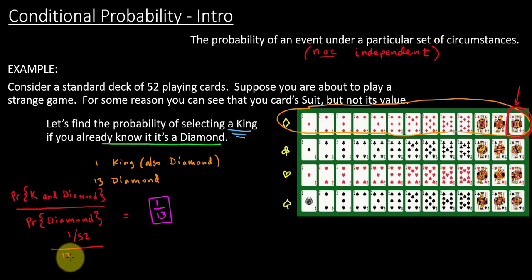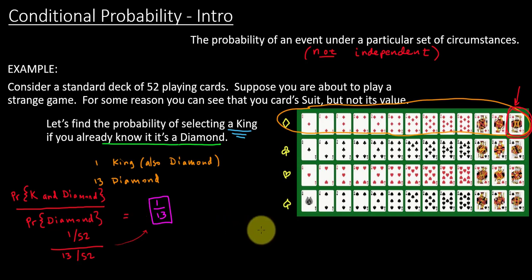Well, there's 13 diamonds out of the 52 cards. Those divisions by 52 would cancel, and you would certainly arrive at 1 over 13. Let's formalize this conditional probability into a formula so that it would work in any scenario.